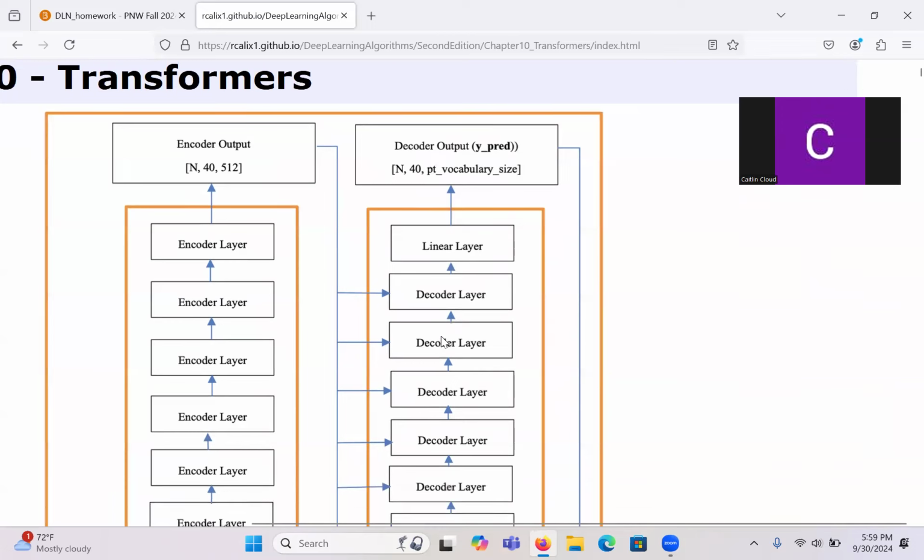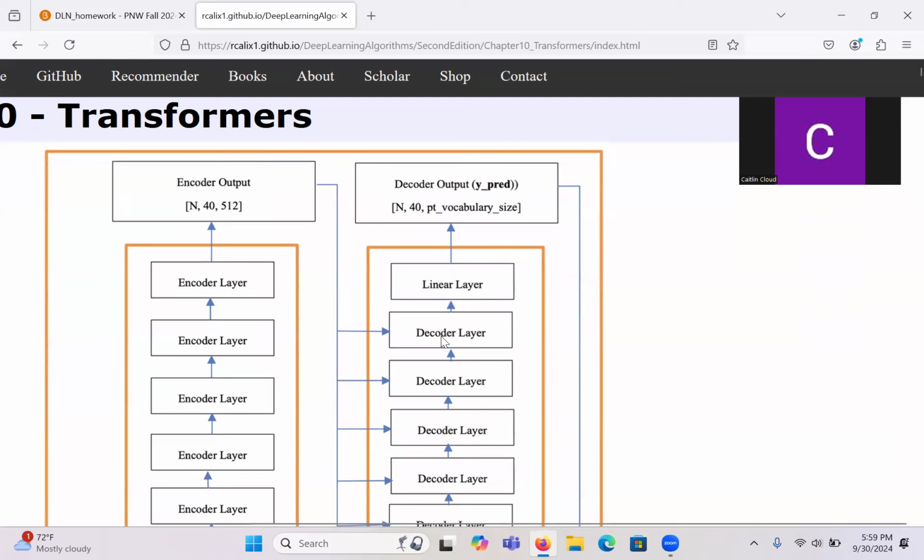If you were using this for something else, like predicting audio or time series data, you could just stay at n by 40 by 512 and map that to n by 40 by 30. And maybe that's the number of features you have, because remember, whatever comes out there, you compare to the real. Do you see that? So you will always have these vectors of your real data.